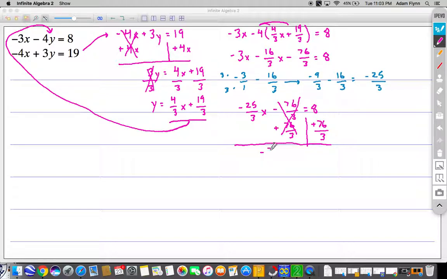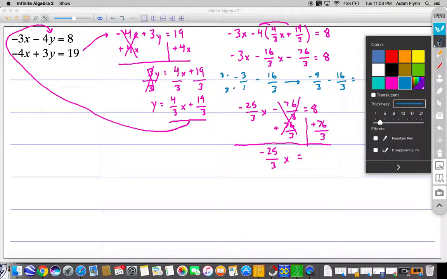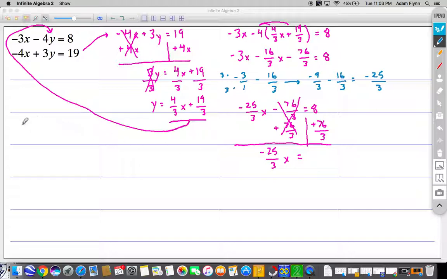So I'm left with negative 25 over 3x equals 8 plus 76 over 3. So I'll do the same thing. Need to do some mental math. I'll do it right over here. So we have 8 over 1 plus 76 over 3. So we're adding fractions, so I need a common denominator.